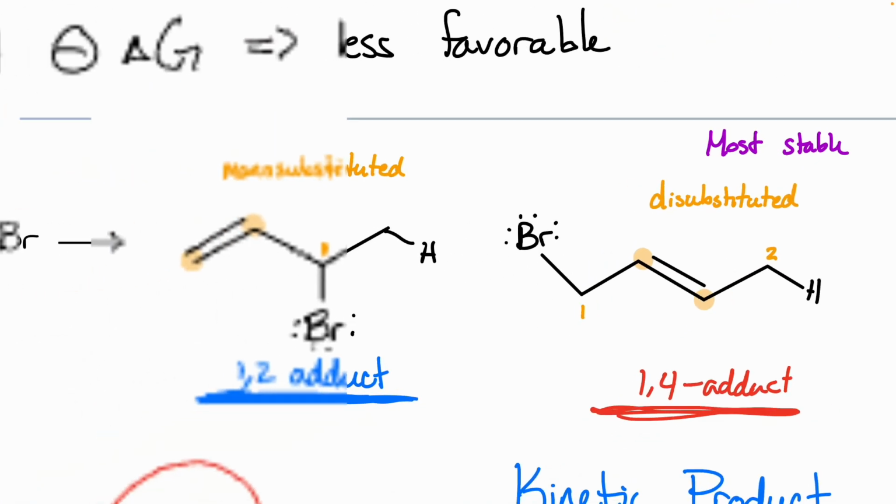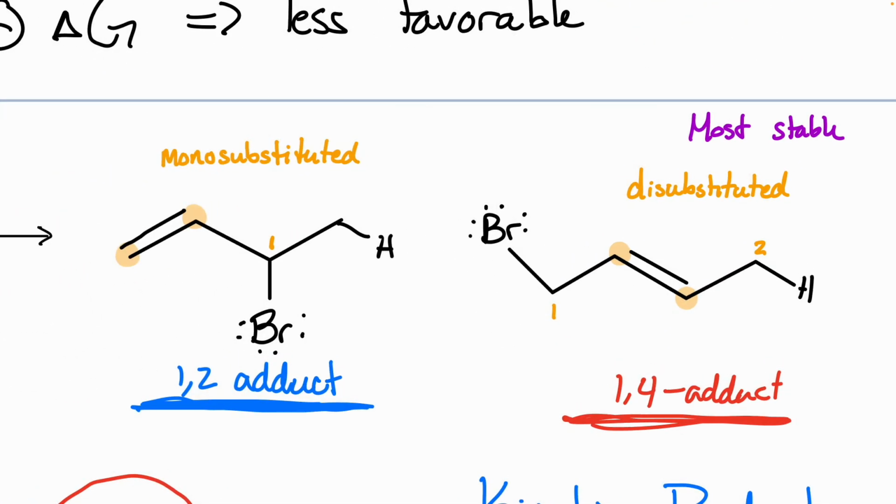So how could I tell that this was the most stable? I'm going to look at that double bond and compare their degrees of substitution. Whichever one is more substituted is going to be more stable and is thus your thermodynamic product.